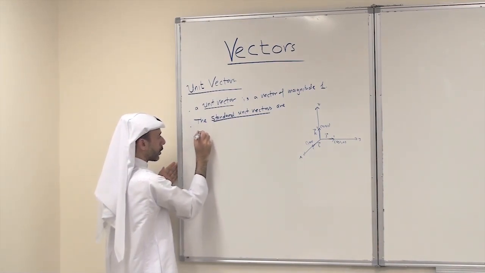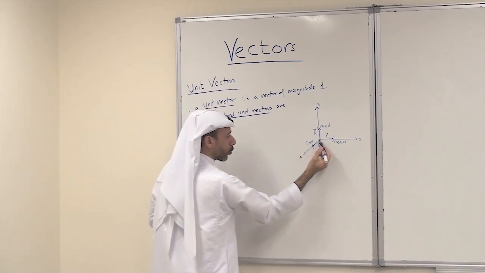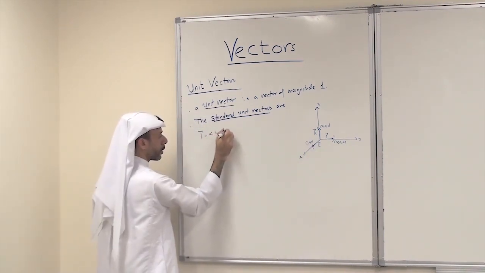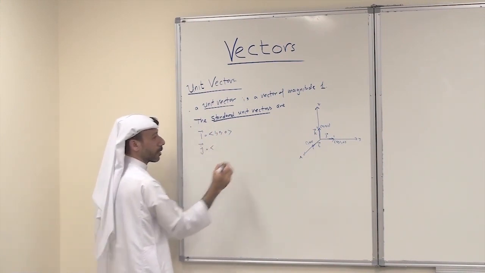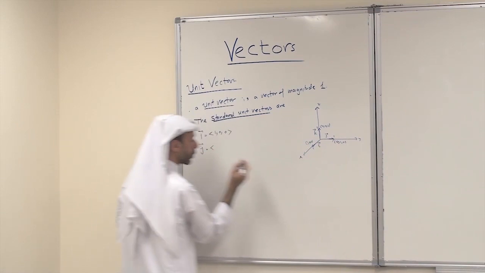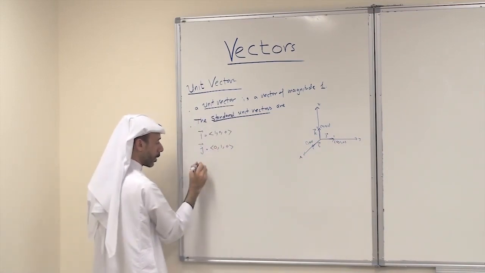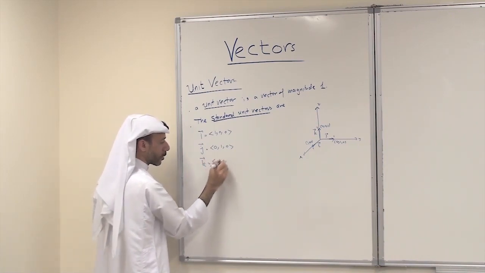The vector i is the one along the positive x-axis from the origin to this point, so it is just (1, 0, 0). The second vector j goes from the origin to the point (0, 1, 0), so the standard vector (0, 1, 0), and the last one k is just (0, 0, 1).